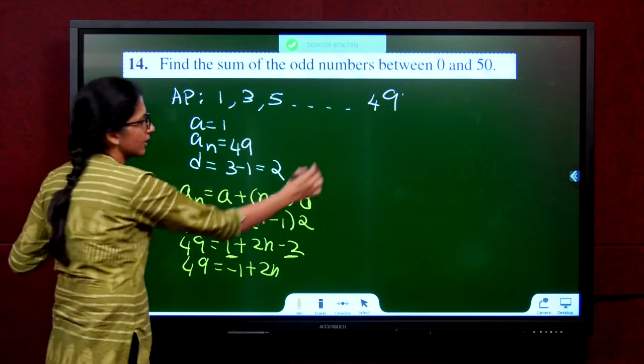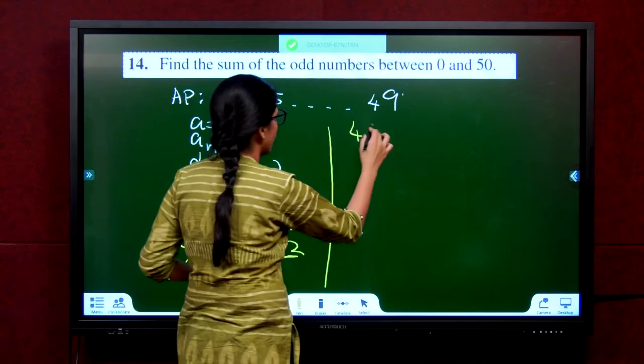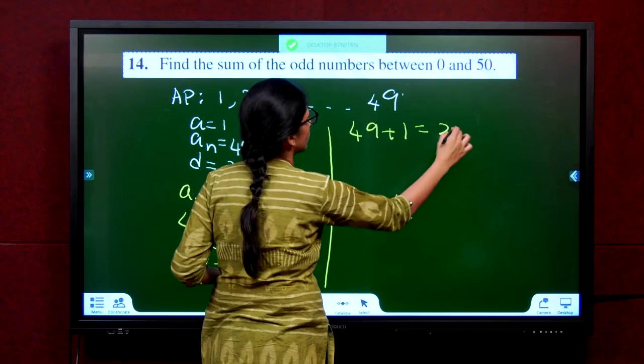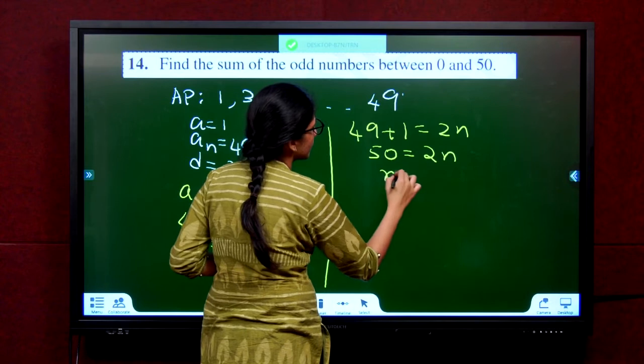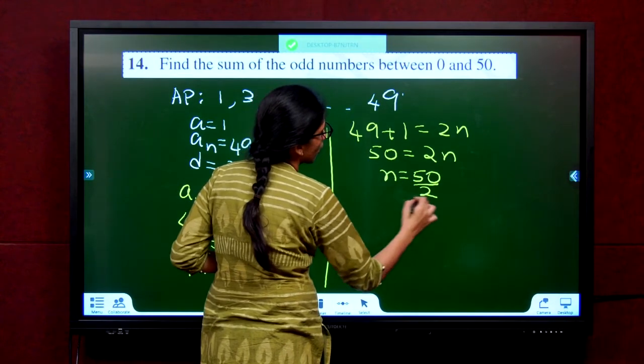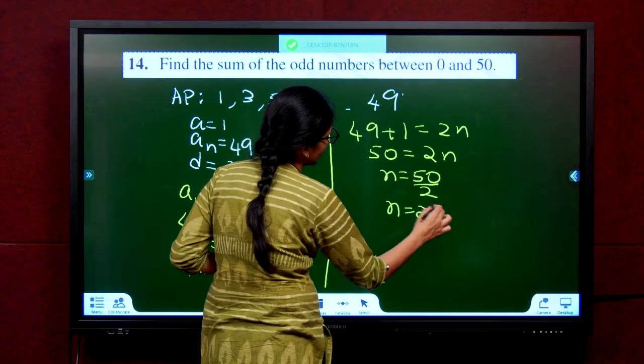When this minus 1 comes this side, it becomes plus 1. 49 plus 1 is equal to 2n. 50 is equal to 2n. n is equal to 50 by 2, or n is equal to 25.